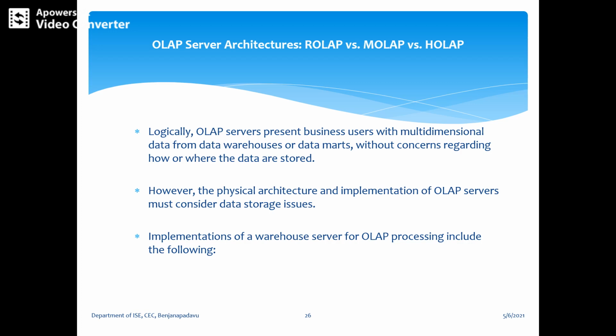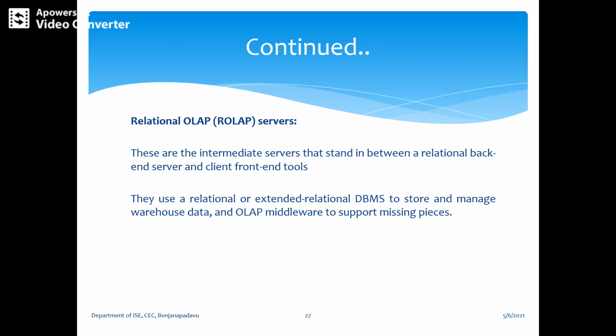Implementation of the warehouse server for OLAP processing includes, first, ROLAP. These are intermediate servers that stand between the relational back-end server and the client front end. They use a relational or extended relational DBMS to store and manage the warehouse data, and OLAP middleware to support all the missing pieces.